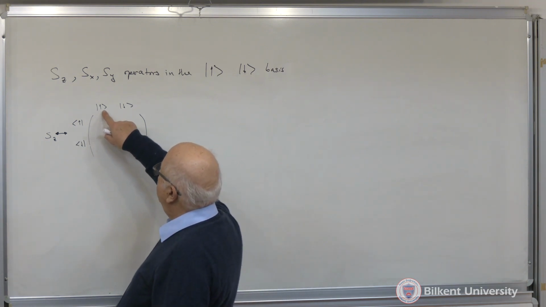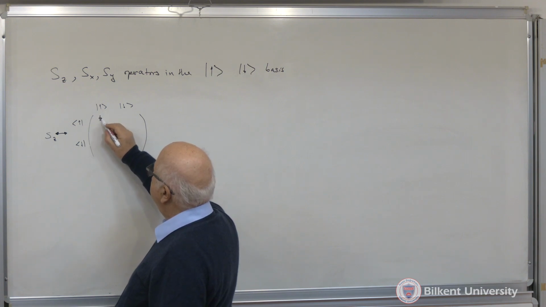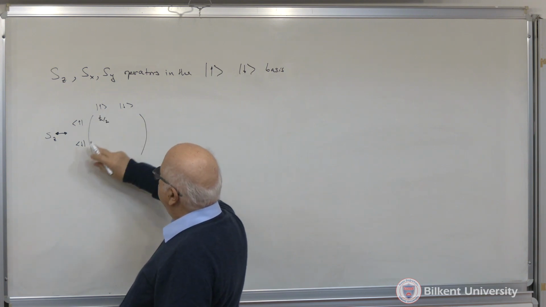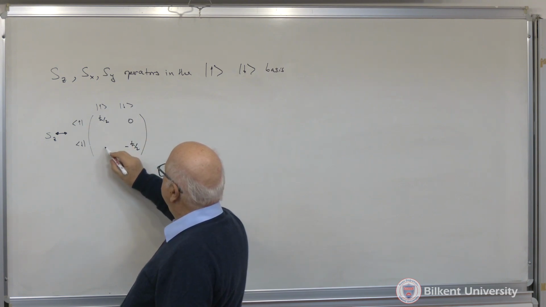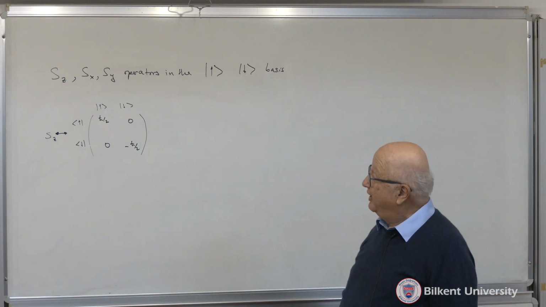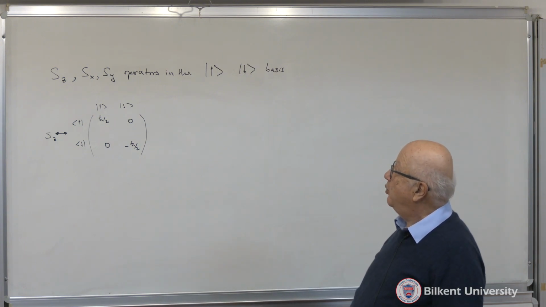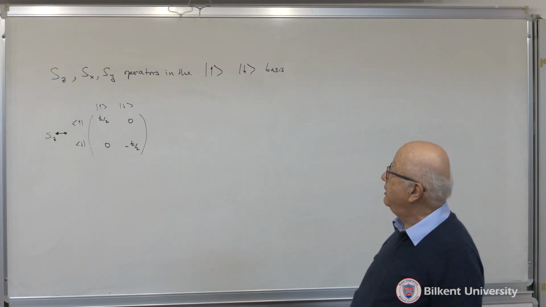So I'm going to get up expectation value of Sz, which is going to be h bar over 2. Down expectation, minus h bar over 2, 0, 0.